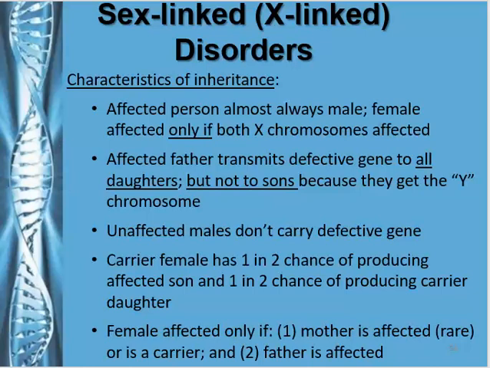So females can be affected if the mother is affected or is a carrier and the father is affected. That's the only way that it works if you follow the Punnett square. These don't happen very often because of genetic counseling.